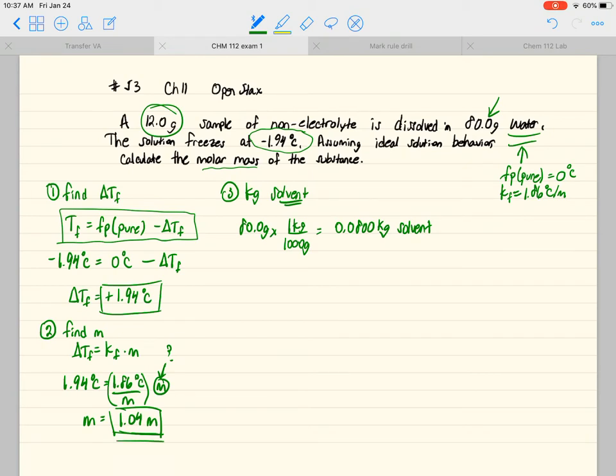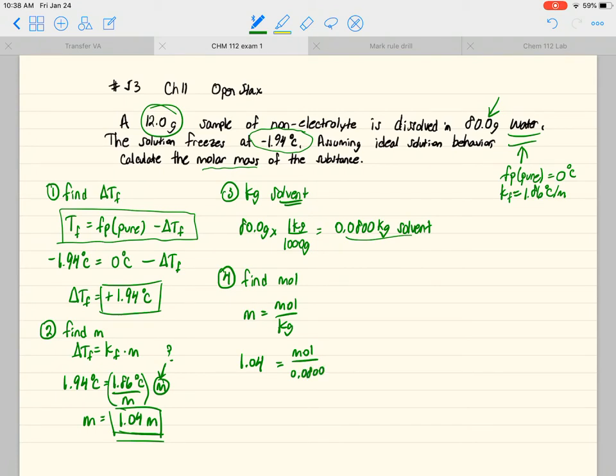Now we know the molality and we know the kilograms of solvent, so we just want to find moles. The next thing we want to do is find moles. Here's the formula we're going to be using. The molality is 1.04, which we calculated before. The moles we don't know, and the kilograms we do. It's 0.0800.